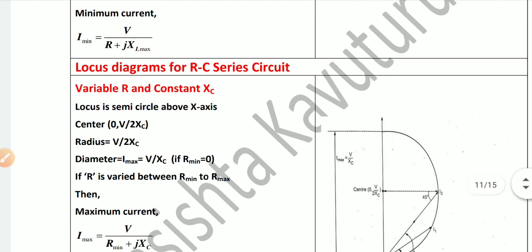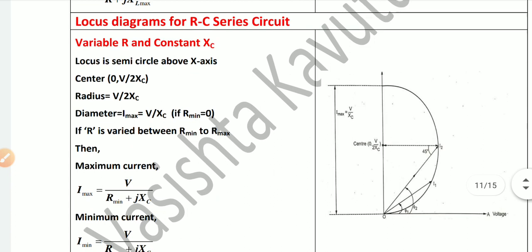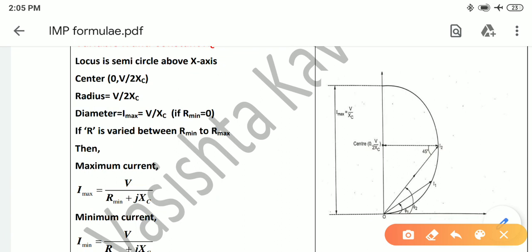Next, locus diagrams for RC series circuit. Here the locus is a semicircle above the x-axis, the center is 0 comma V by 2XC, the radius is V by 2XC, and the diameter is V by XC. As mentioned previously, the diameter is the maximum value of current. Therefore, I max is equal to V by XC if the minimum value of resistance is 0.